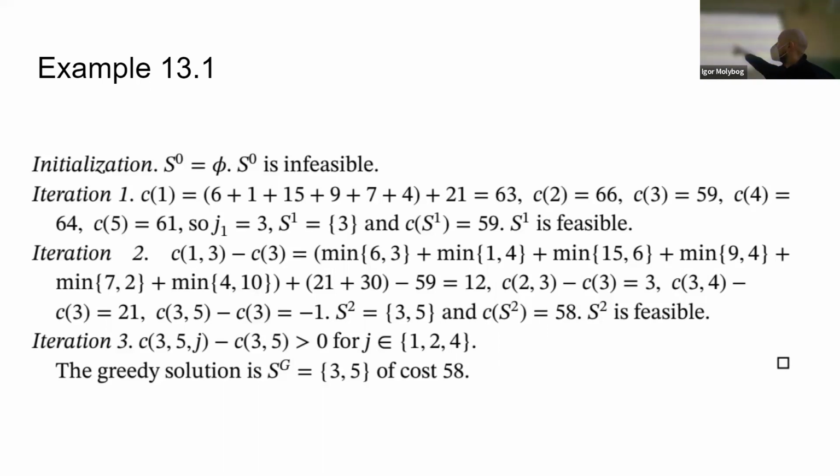And therefore, this is how we write down our objective function, the summation of minimums. And then in the very end, we are adding to that the F1 and F3 that correspond to the elements in our band. And in the very end, we are subtracting C of 3, which is 59. The eventual result for C13 is 12.